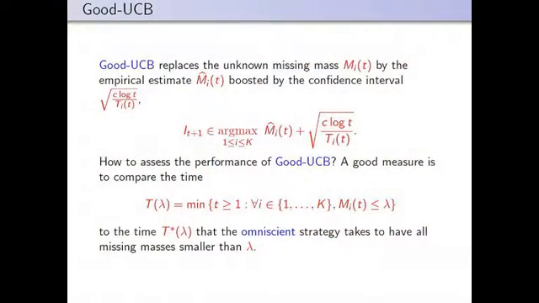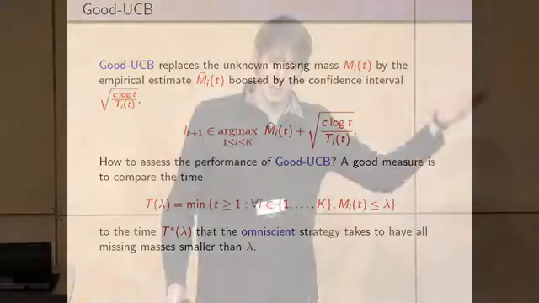For those of you who know about bandits, this is an idea that has been around since '85, since Lai and Robbins. You don't just trust your estimate, you boost it by a confidence bound. So that's what we are going to do. Now we have a confidence interval given by this theorem. So we designed this algorithm which we call Good-UCB. UCB stands for upper confidence bound.